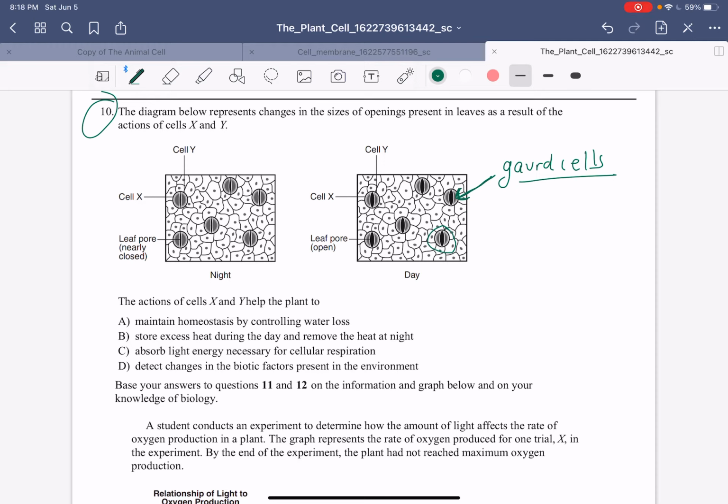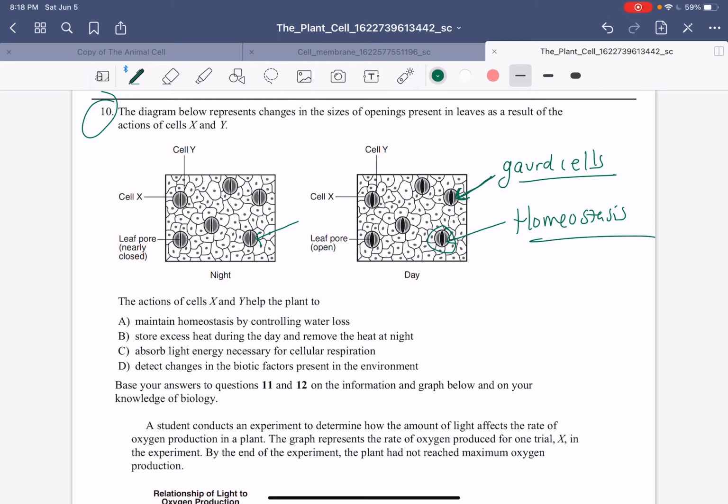I just want you to know that plant cells have what's called guard cells. They close to preserve either gases or water within the plant, and they open up to release it if needed, any gas, any water. These guard cells help with homeostasis.